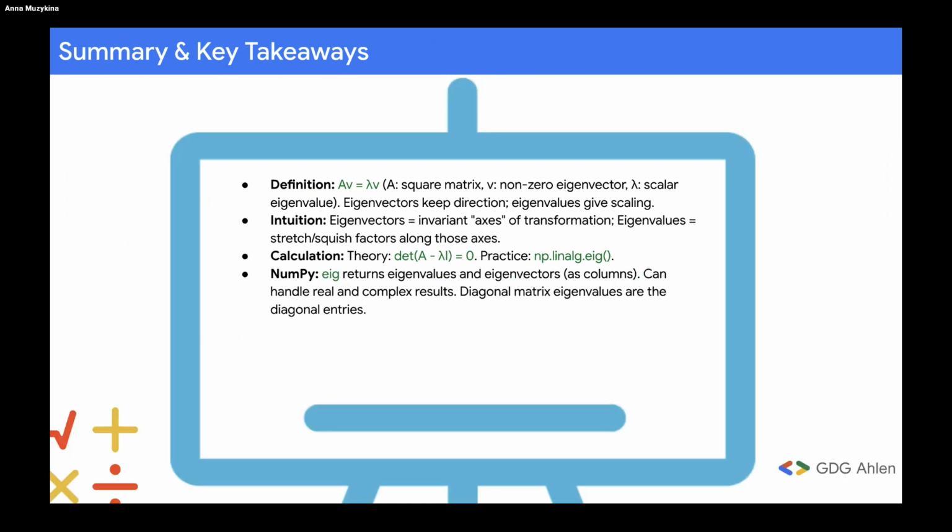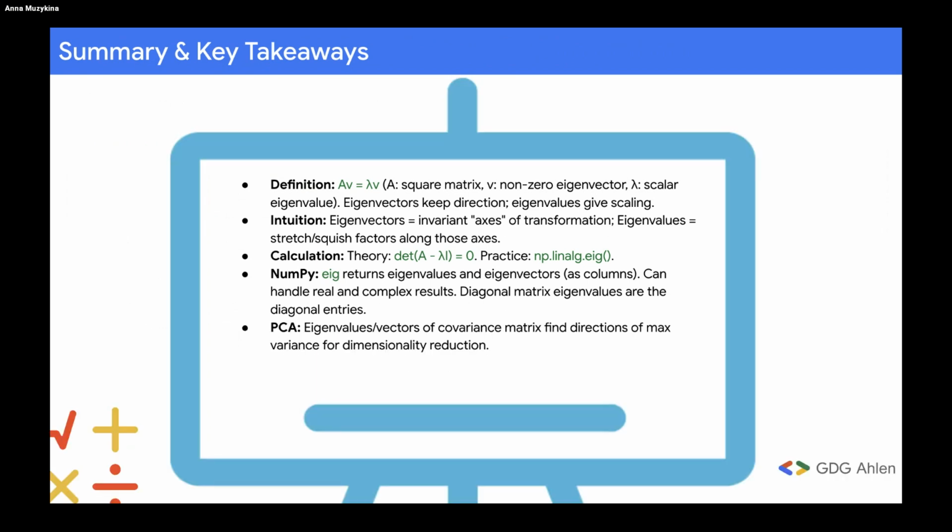NumPy's eig function returns an array of eigenvalues and a matrix whose columns are the corresponding eigenvectors. We saw it works for various matrices, including diagonal ones, where eigenvalues are the diagonal entries, and can produce complex results, for example, for rotation.